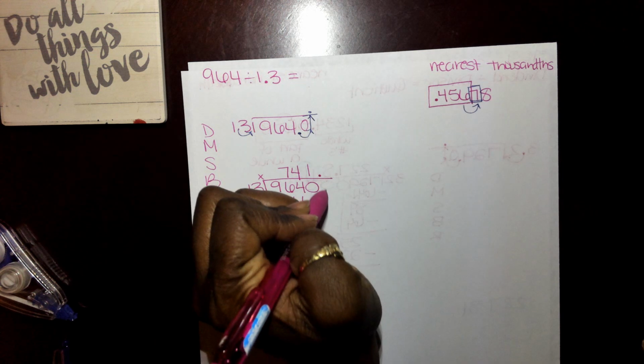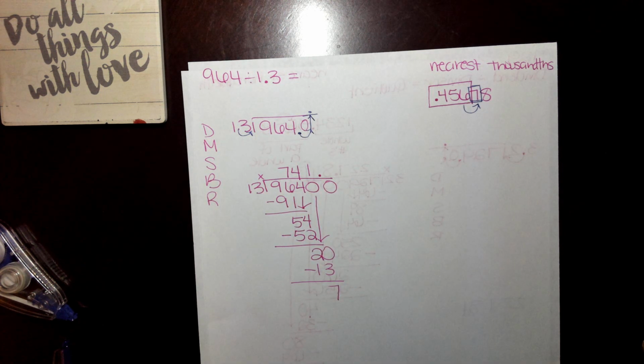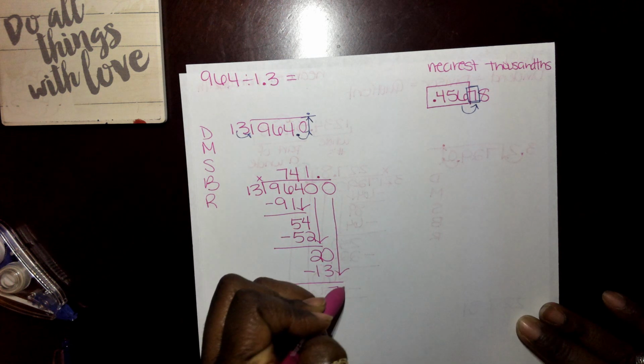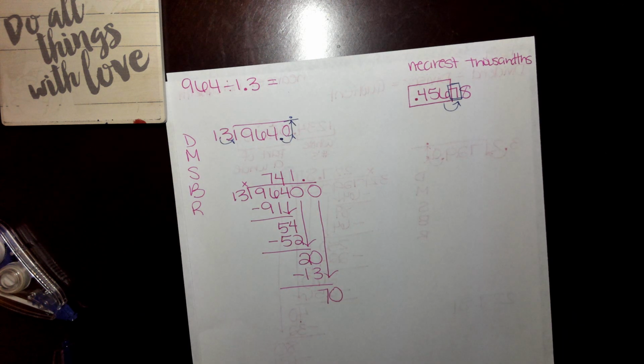I can just add a 0 and bring it down. 13 goes into 70 5 times. 5 times 13 is 65. Subtract. I have 5 left.